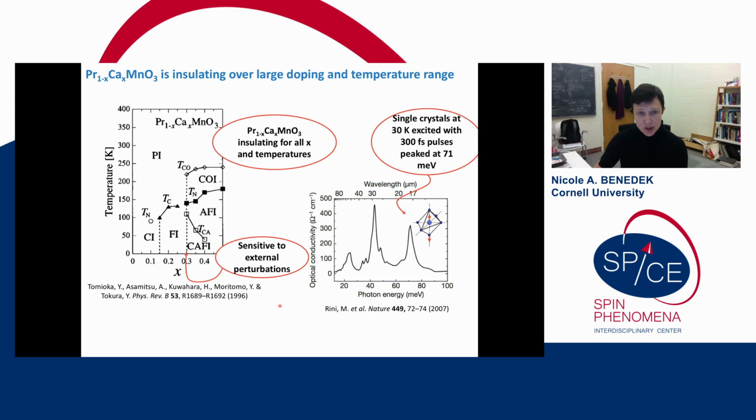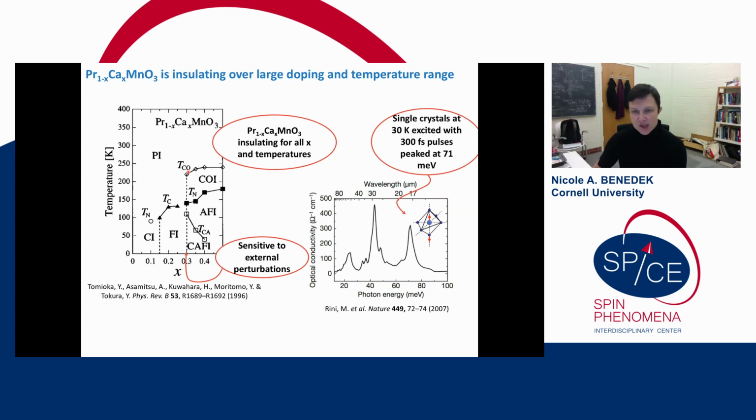So here's an example of such an experiment on praseodymium calcium manganite. And here is this phase diagram again, showing that when x is 0.3, the material is sensitive to external perturbations. And I'd also like you to notice that the material is insulating over this whole section of the phase diagram.